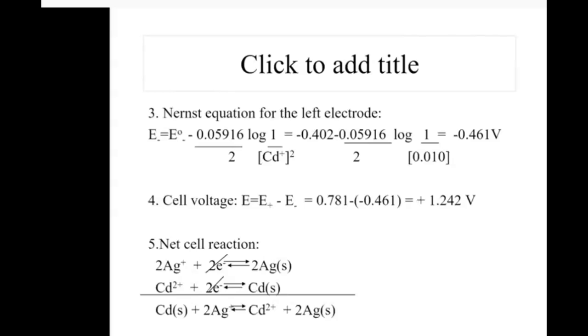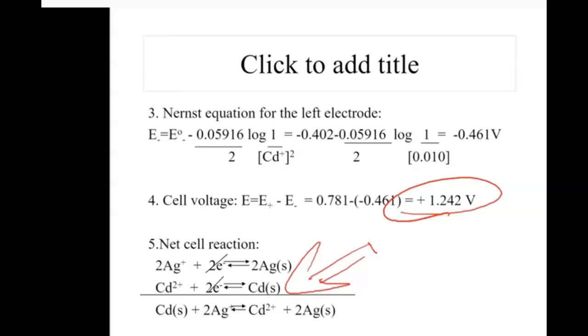So the Nernst equation, here we can go ahead and do the calculation, and eventually the cell potential comes out to be 1.242 volts. So this is how you write out the net cell reaction, and that's it.